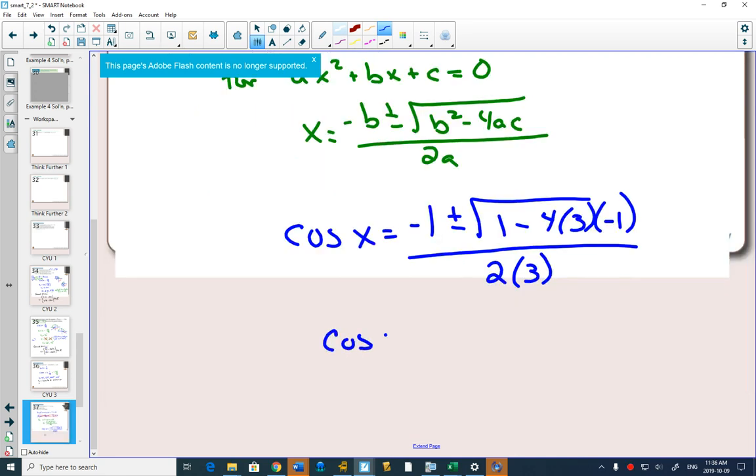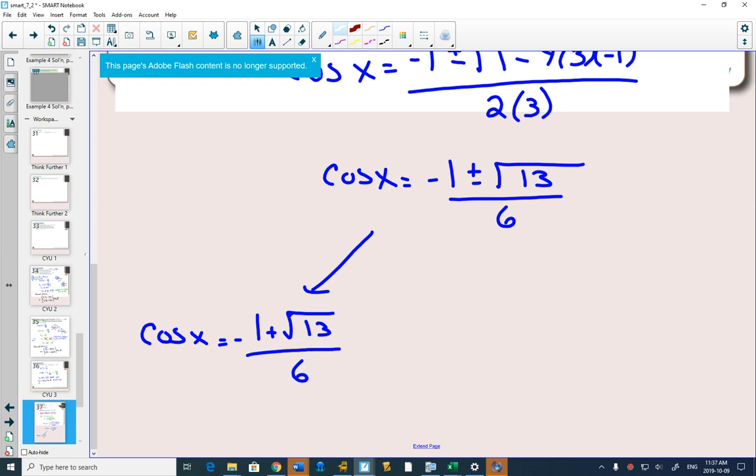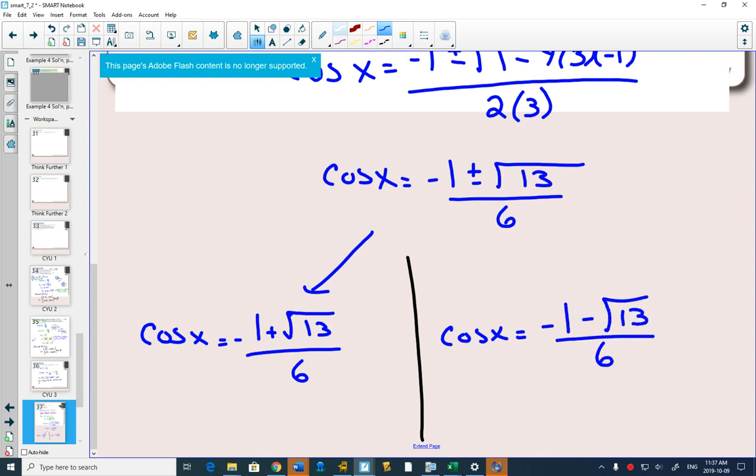If I simplify this, I get negative 1 plus or minus the square root of 13 over 6. That actually gives you 2 equations. It gives you one equation with the positive, negative 1 plus the square root of 13 over 6, and one with the negative.